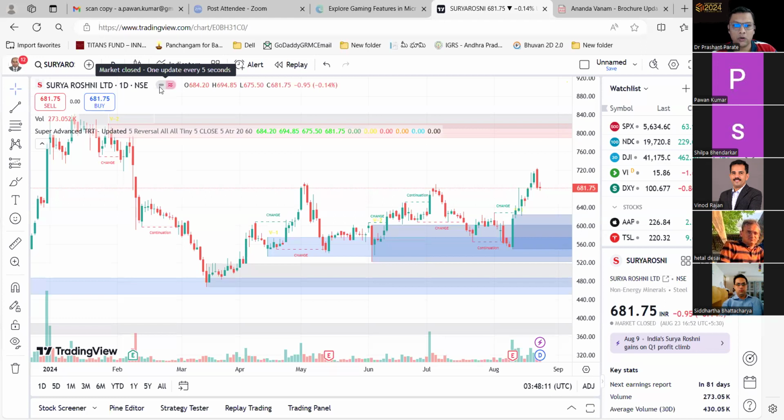But this will not work on all time frames for all stocks. What time frame does this work on? It works on different time frames for different stocks. For Bank Nifty, it works almost on all time frames. But for Nifty, it works on higher time frames like daily, 75-minute and weekly charts.